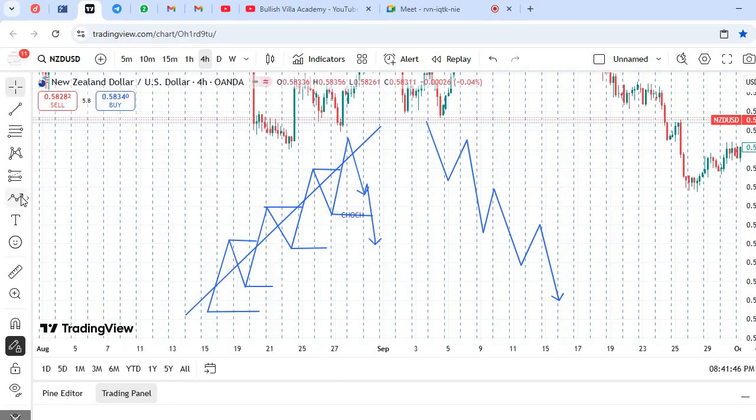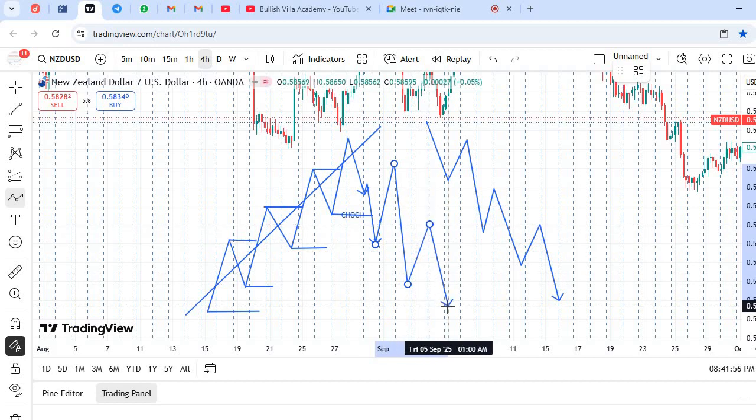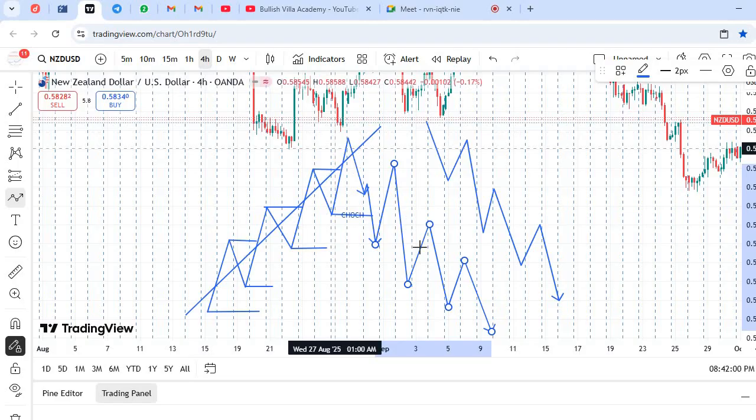Most times it will come down, take this out, then go up like a retracement, then start going down again. Then it starts forming something like this. So this is what we call a change of character.